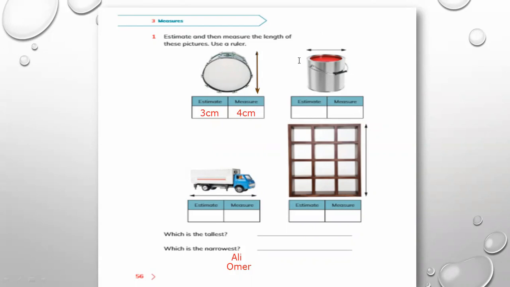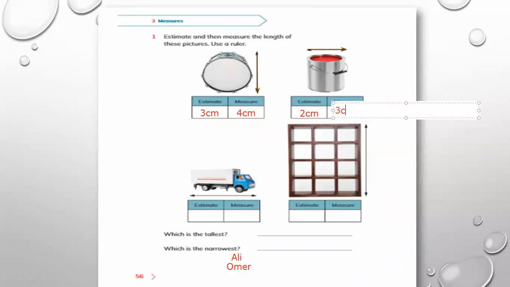Now we are going to measure the width of the paint bucket. Let's say it is 2 centimeters, just a guess. We just have to make a guess. So let's measure with the ruler. You put the ruler starting with the 0. So it is 3 centimeters.